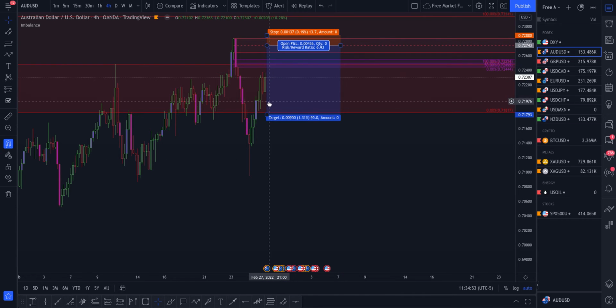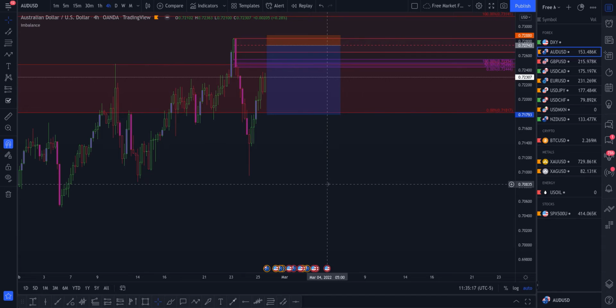If this imbalance does get filled and there isn't any more imbalance made, then possibly I would target this low. But for the onset, looking for a short for Aussie USD, I would be looking to take it from this 4-hour supply right here.